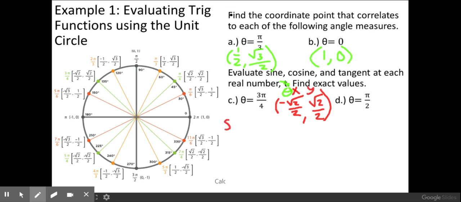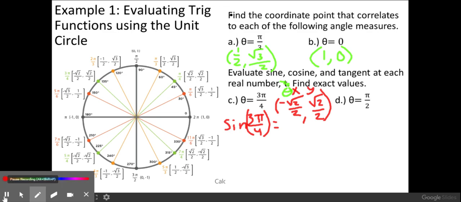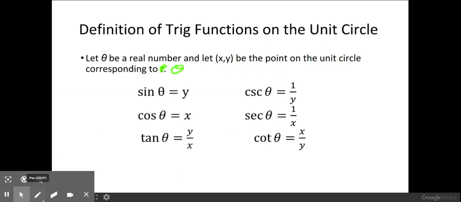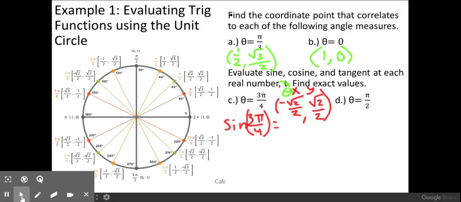Now, if we want to find sine of 3 pi/4, sine, if we go back to our other page, is equal to y. So y is square root 2 over 2.